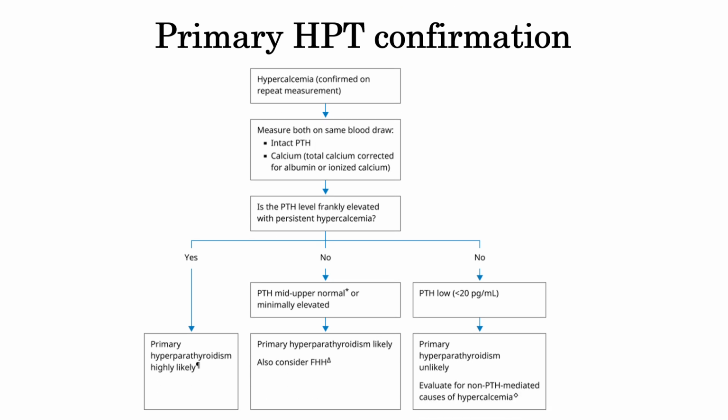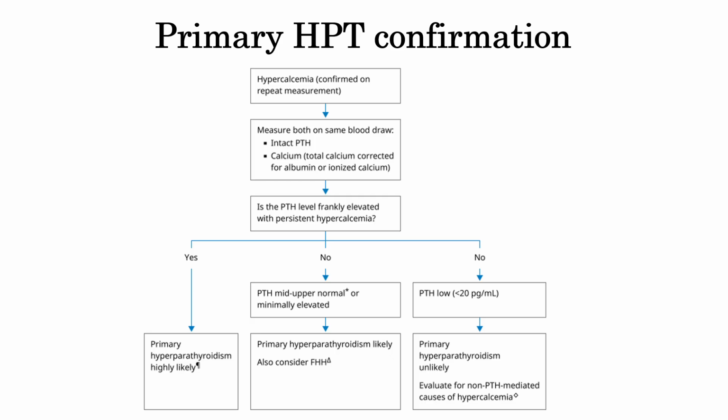So the approach is, once we see a high calcium, we should repeat the bone profile in a fasting sample combined with parathyroid hormone to confirm the diagnosis of primary hyperparathyroidism. If the PTH is high, this is primary hyperparathyroidism.